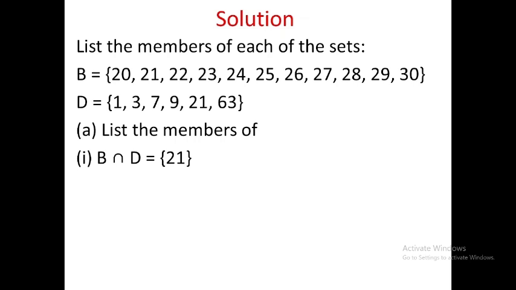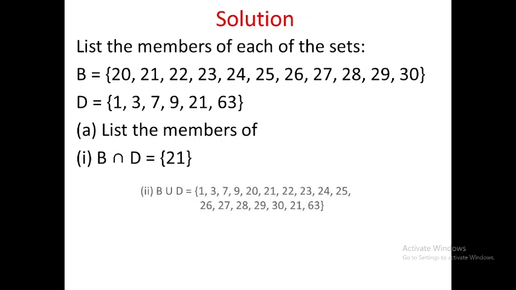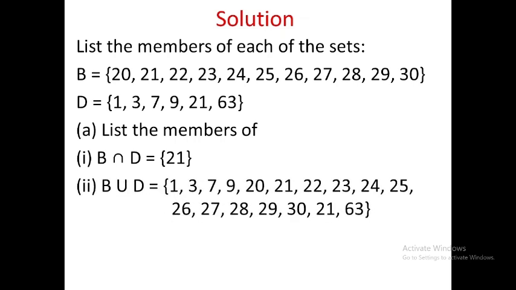And the next is to find B union D. Union means merging the two sets, that is set B and set D. And so we have 1, 3, 7, 9, 20, 21, 22, 23, up to 63.